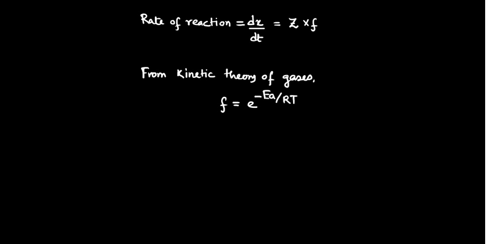What is the significance of this? That we will discuss later. For now, we should take into consideration that the fraction of total molecules which are undergoing effective collisions is equal to exponential minus EA by RT. So rate of reaction, which is equal to Z into F, can be written as Z into exponential minus EA by RT.